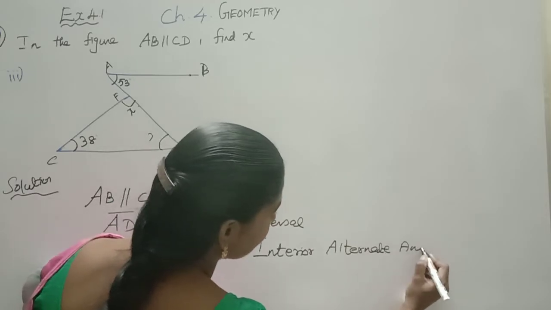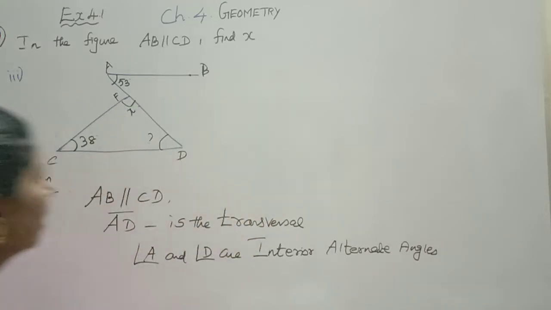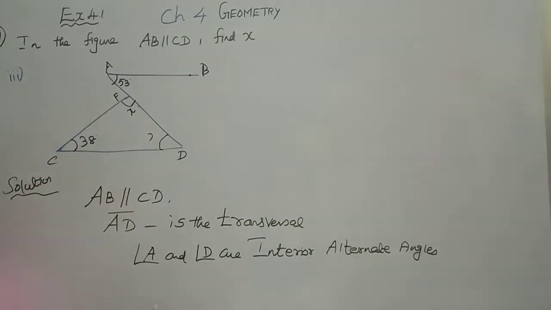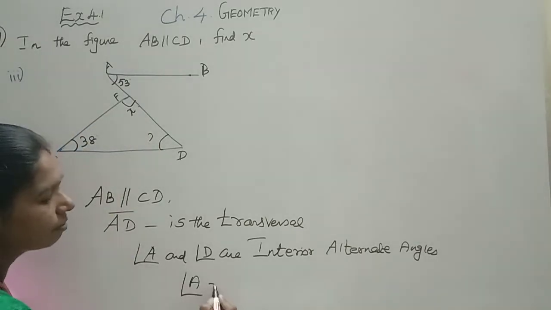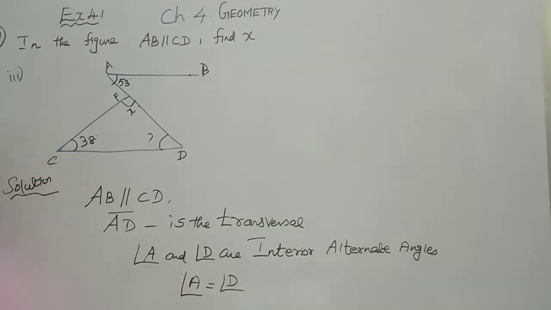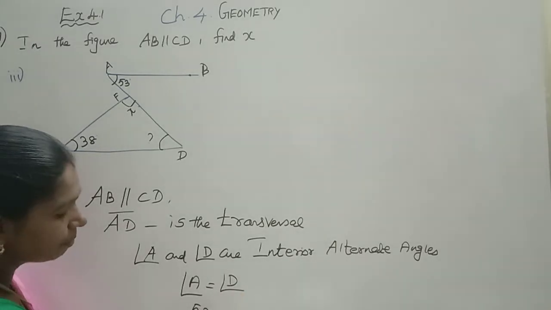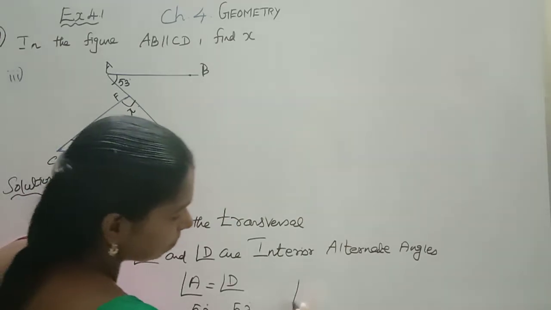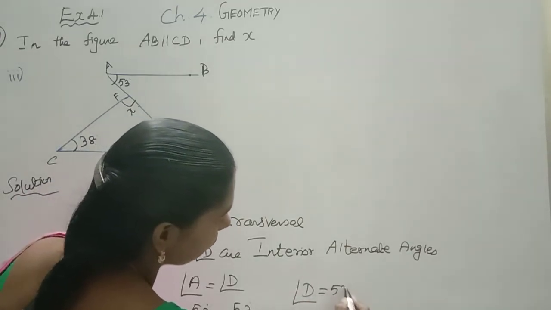So interior alternate angles are equal. Therefore, angle A is equal to angle D. Angle A is how much degree? 53 degrees, which means angle D is also 53 degrees.